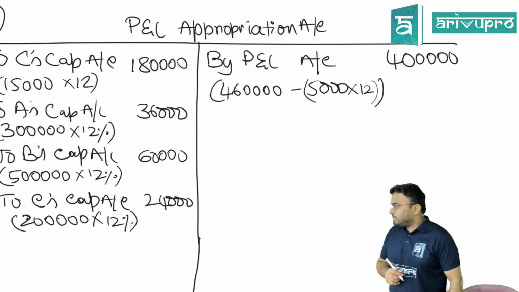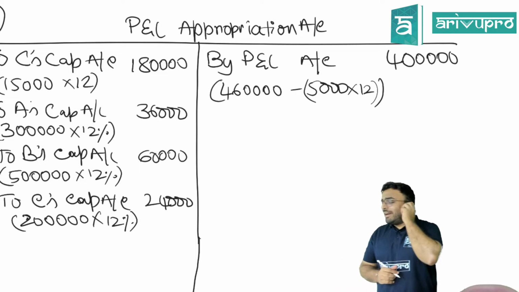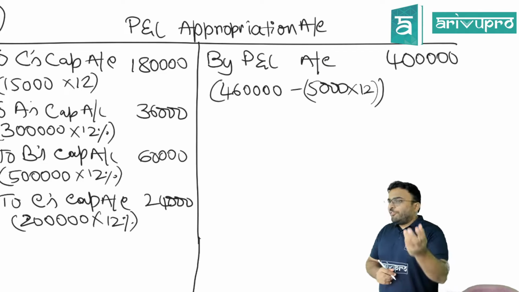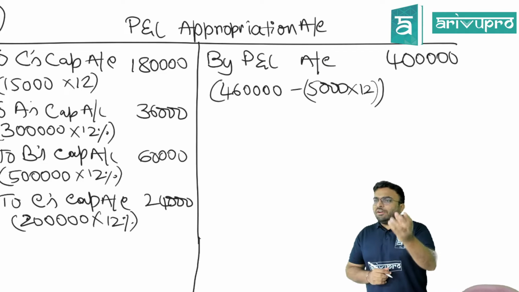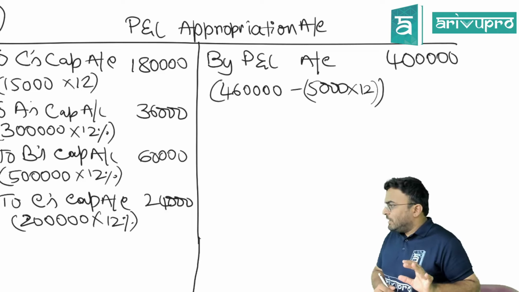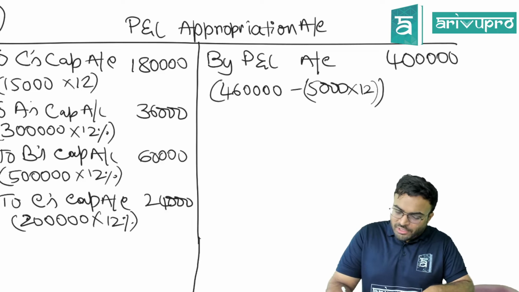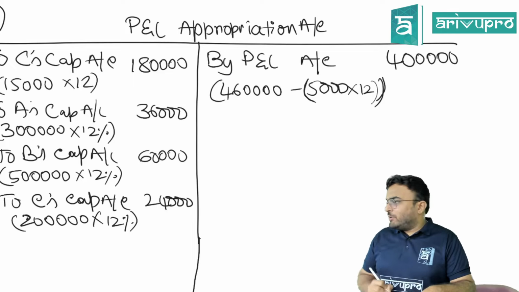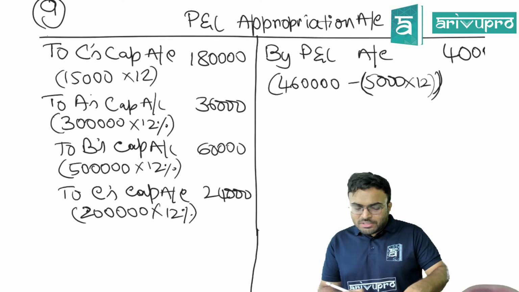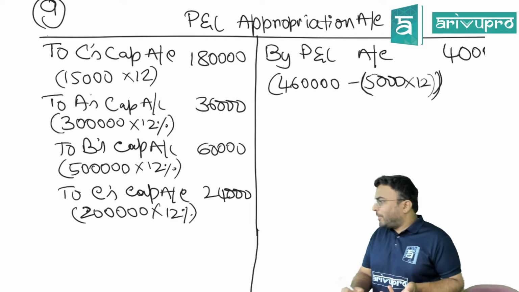Are you getting this? If at all they had correctly passed the entry, rent account debited to cash, the next entry would be P&L account debited to rent. So if you pass P&L account debited to rent, the profit will not be 4,60,000. When it comes to P&L appropriation, it will remain only 4 lakhs. So that is why, because it was not done, we are rectifying that error by reducing it over here. Salary to partner, no problem, because salary to partner is a P&L appropriation item.